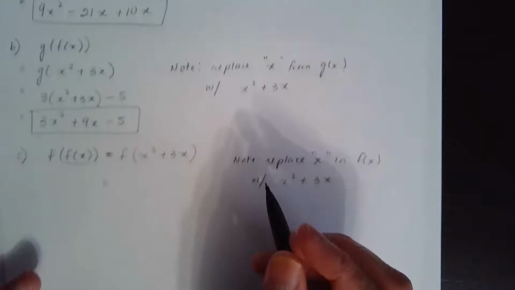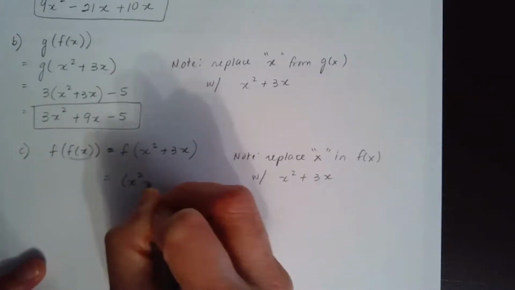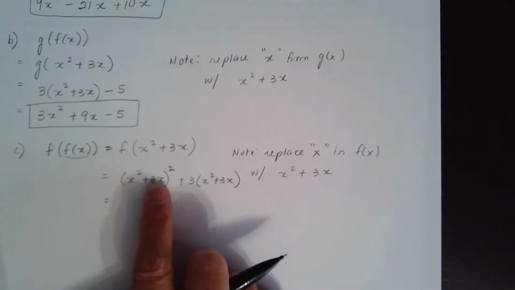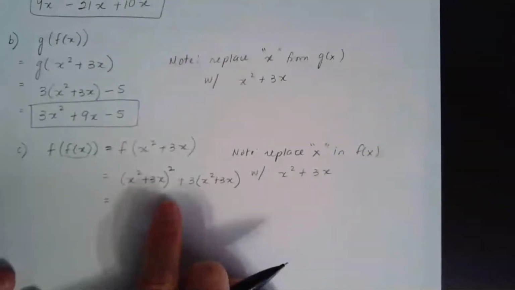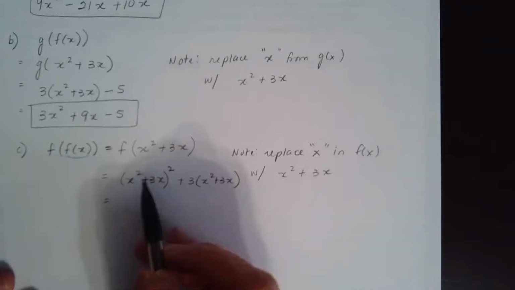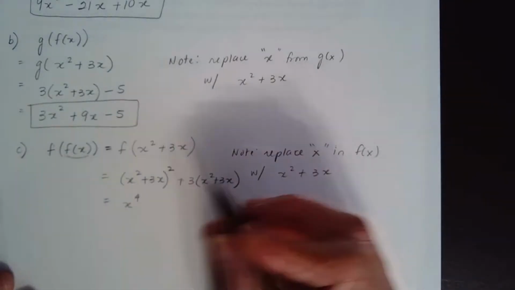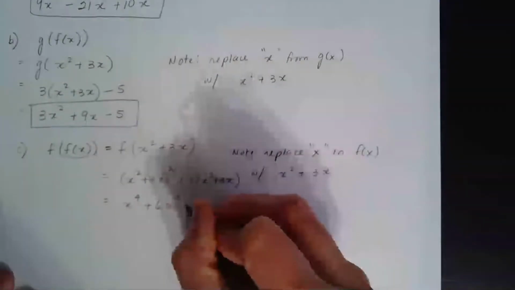Okay. How many places do we have to replace the x? It's going to be times x. 3 times x is going to be, again, 3x. It looks like we might end up with a quartic function.